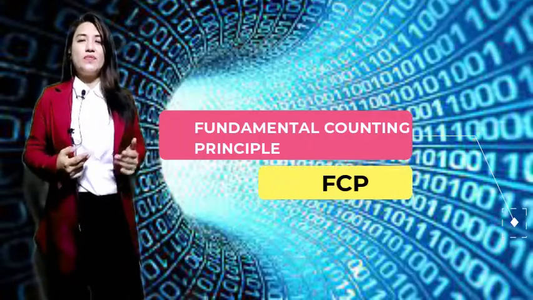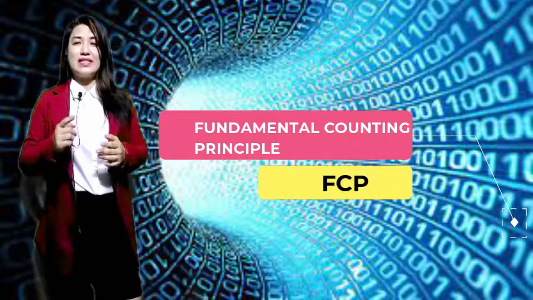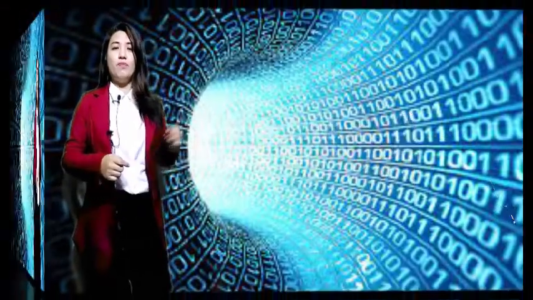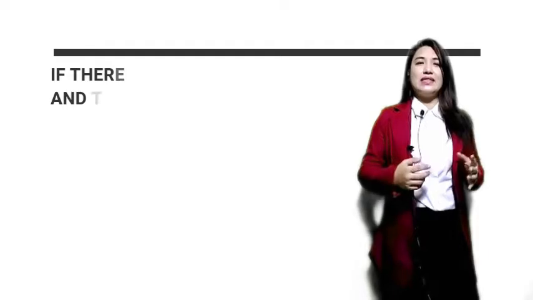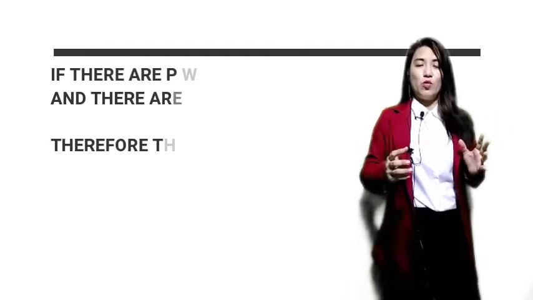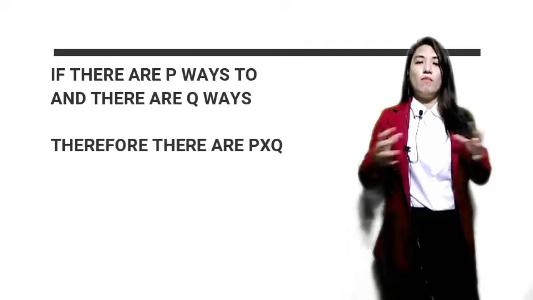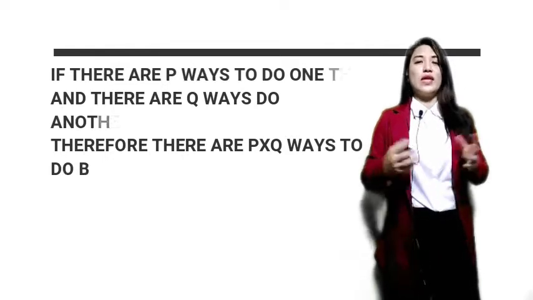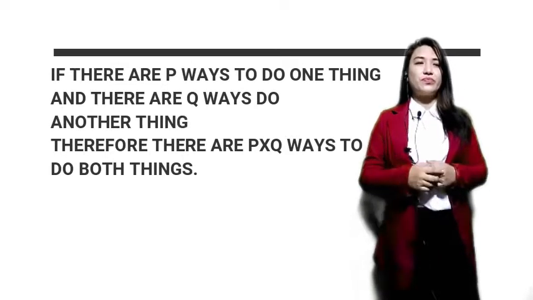Again, what is the fundamental counting principle? It states in your module that if there are P ways to do one thing and there are Q ways to do another thing, and you want to get the total number of possible ways wherein you can do both things, all you have to do is get the product of those, right?